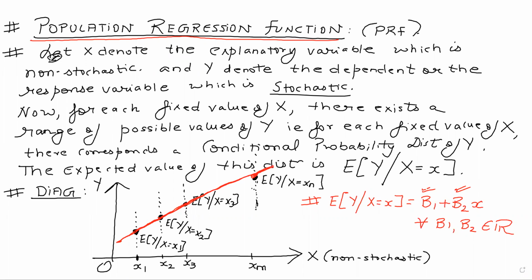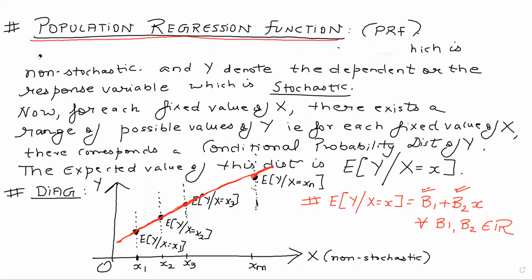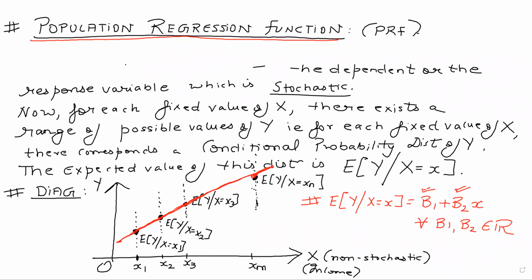So guys, I am erasing the initial part now. I hope all students have understood. So you can think of it like that. For every income level, you have a lot of consumption levels. Suppose you think of X as income and Y as consumption. For every level of income, you have a lot of people with different levels of consumption. Now, out of all those consumption levels, I am picking up the average consumption.